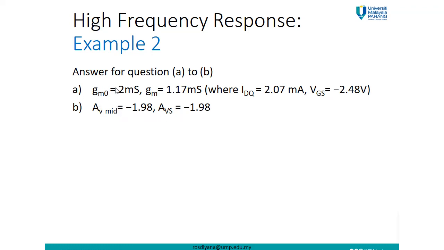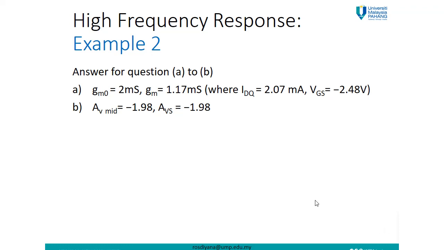So here gm out is 2 millisiemens, gm is 1.17 millisiemens, where the IDQ is 2.07 milliampere, VGS is negative 2.48 volt, and for B, the Av mid is equal to the Avs, 1.98.